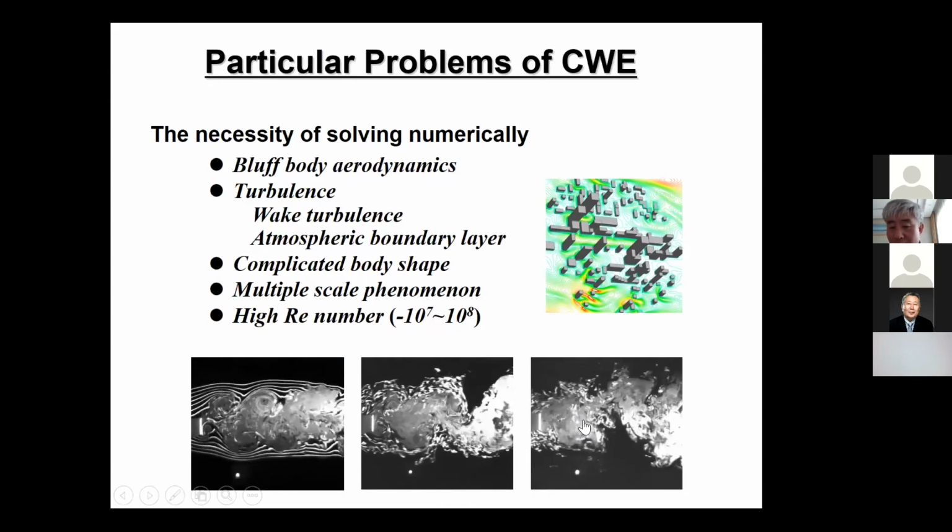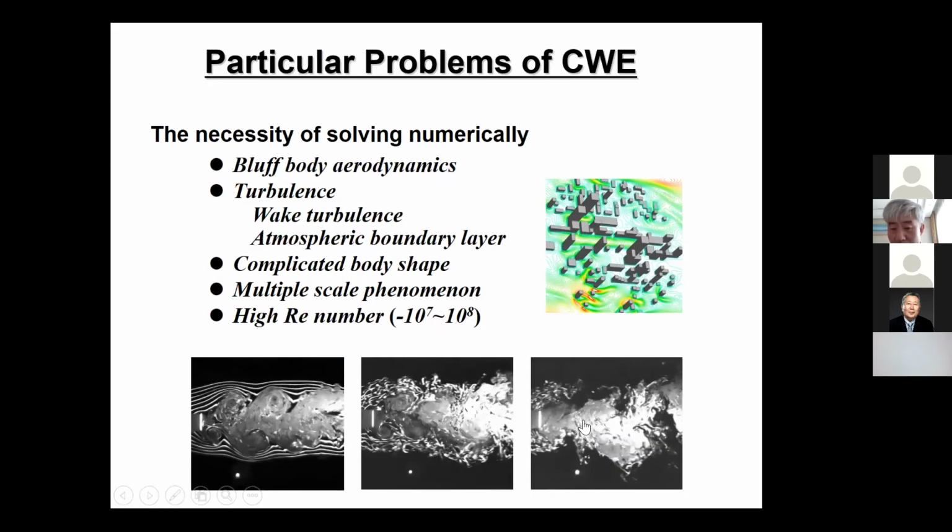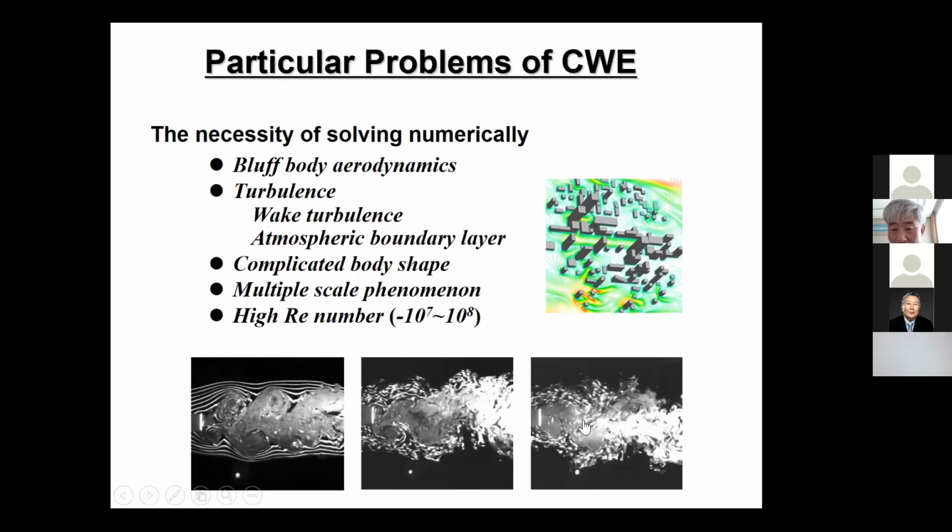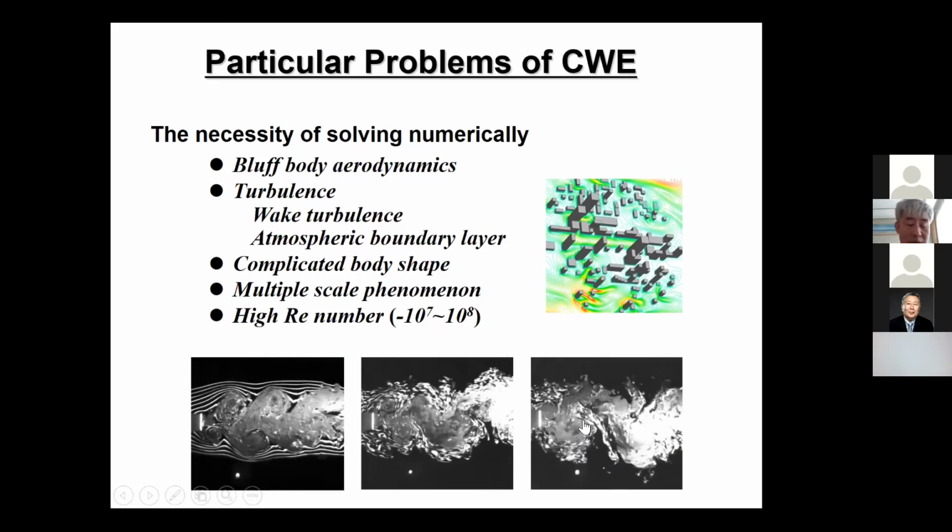You can find that the general flow structure is possibly similar to each other, but with the addition of turbulence, the flow structure becomes finer. So we have to consider such bluff body aerodynamics and the turbulence effect, possibly from the wake turbulence or the incoming atmospheric boundary layer turbulence.